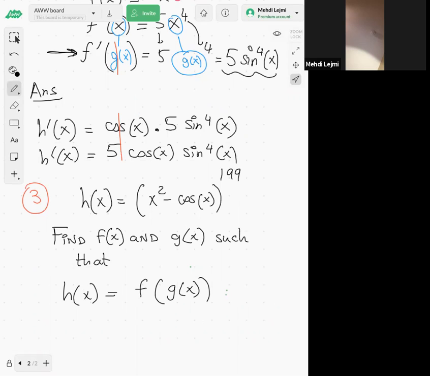So any guess for f and g? What will be f and g in this case?